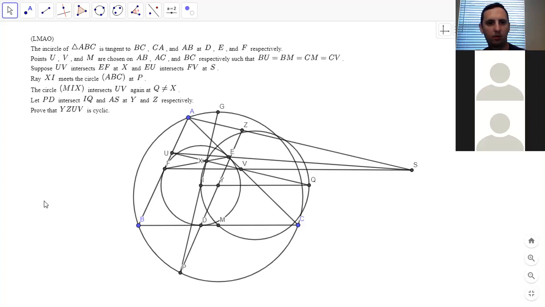Maybe we can redefine the point. We take the point from I parallel to BC and intersect it with the PD and the circle. No, with line UV. So we take this parallel line and intersect it with UV. Our aim is to prove that X, I, M, Q is cyclic.